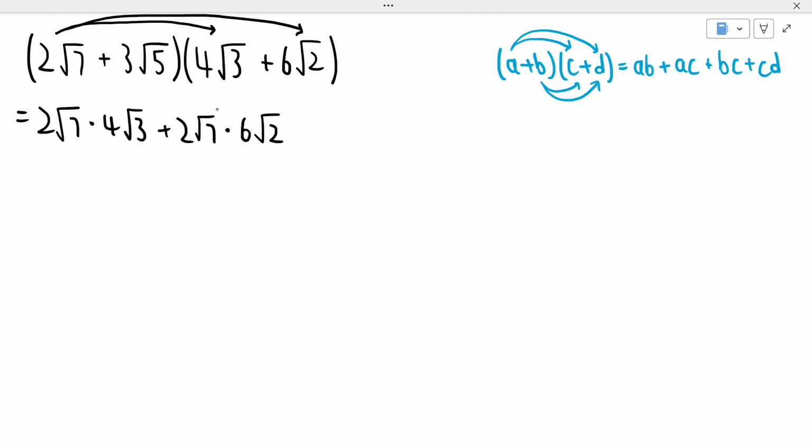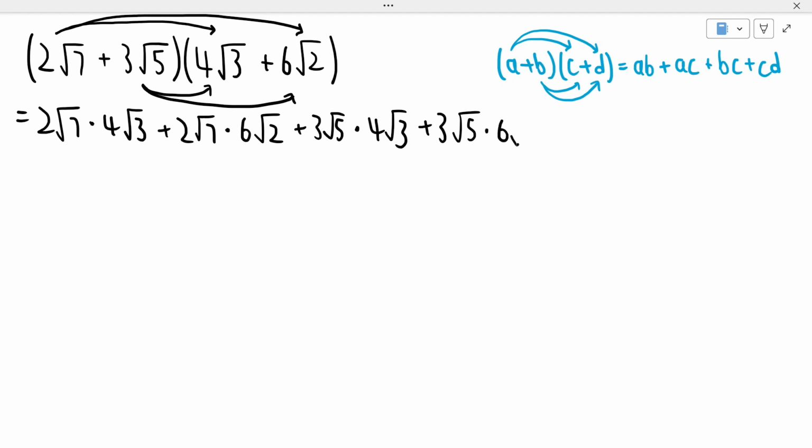So now we move on to multiplying 3 square root 5 from the first parentheses with 4 square root 3 in our second parentheses. And then now we do the same with 3 square root 5 multiplied by 6 square root 2, so 3 square root 5 times 6 square root 2. Since we're applying the distributive property repeatedly here, we need to add up each multiplied term as usual, which we already did. So now it's just a matter of simplifying each individual term by doing the multiplications.